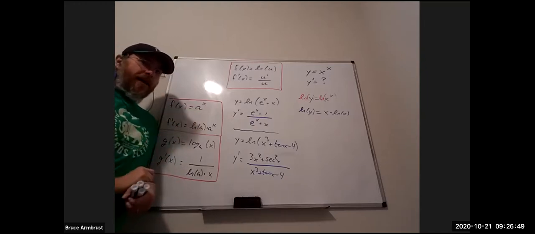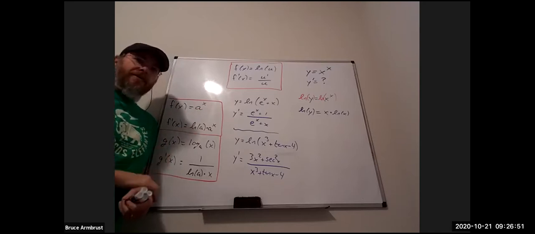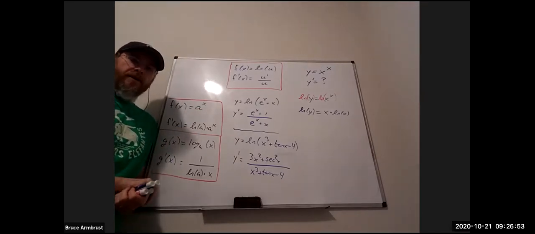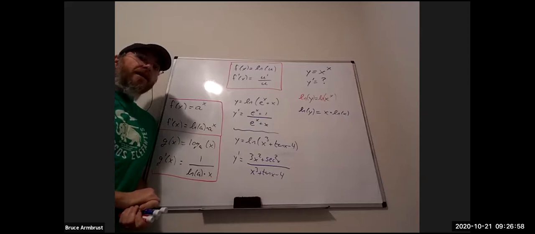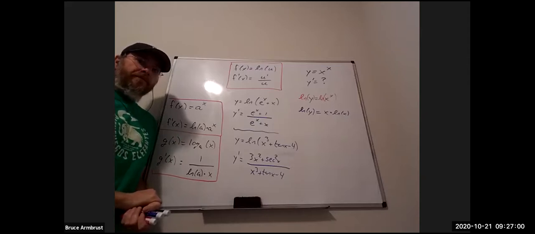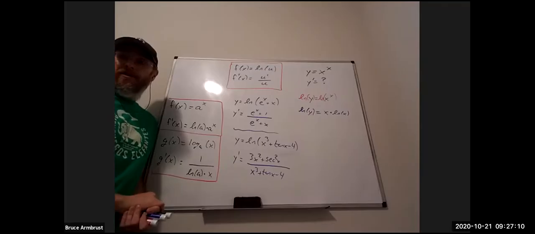Now look at that right-hand side. X times natural log of x. If I said find its derivative, can you do it? No, I'm not asking what it is, but can you do it?